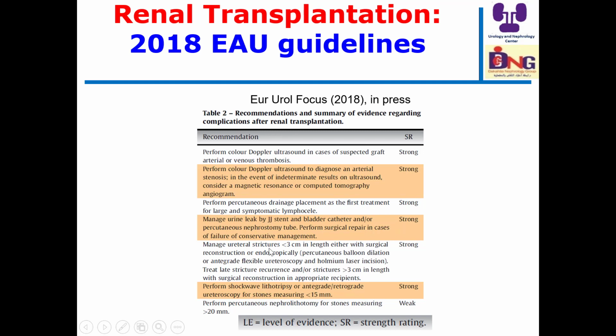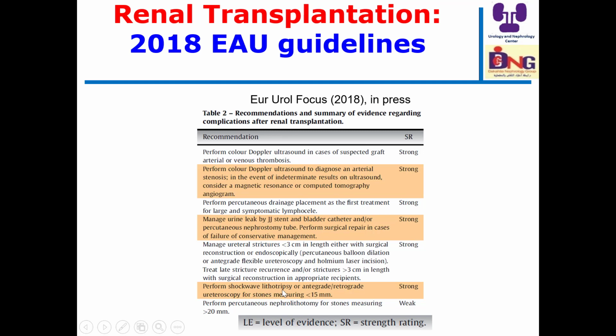Manage ureteral stricture less than 3 centimeter in length either with surgical reconstruction or endoscopically with percutaneous balloon dilatation or antegrade flexible ureteroscopy and holmium laser incision. Treat late stricture recurrence and/or strictures more than 3 centimeter in length with surgical reconstruction and appropriate recipient. This is a strong recommendation.